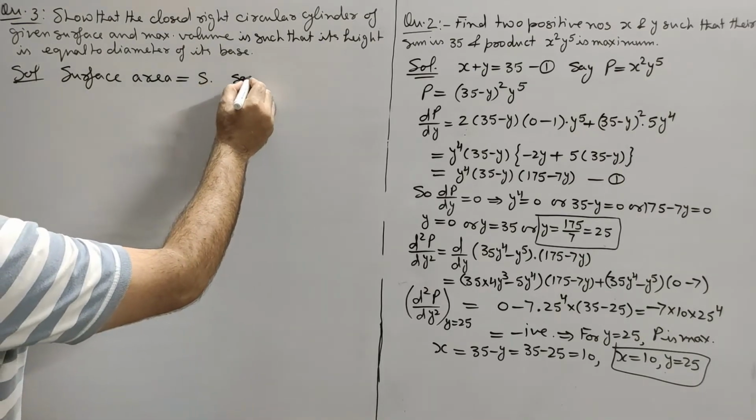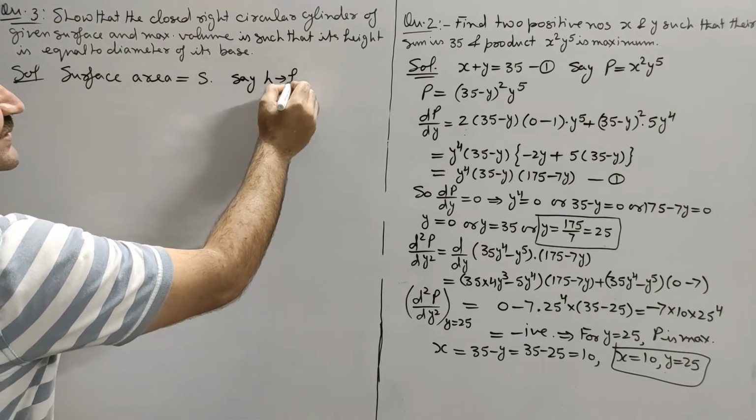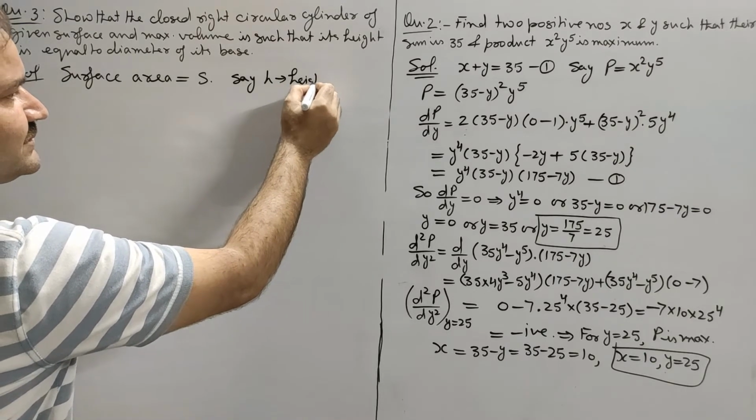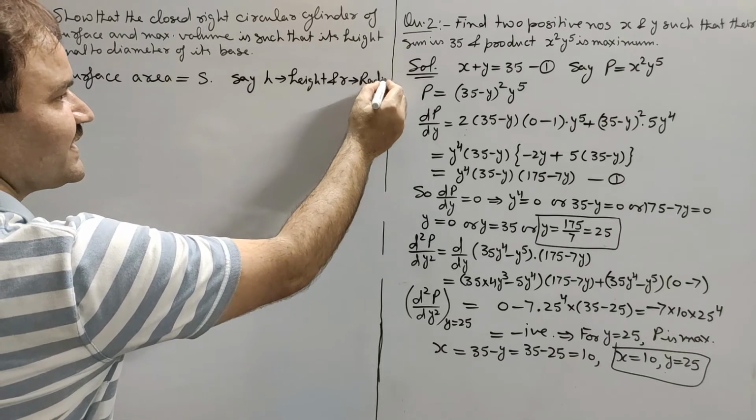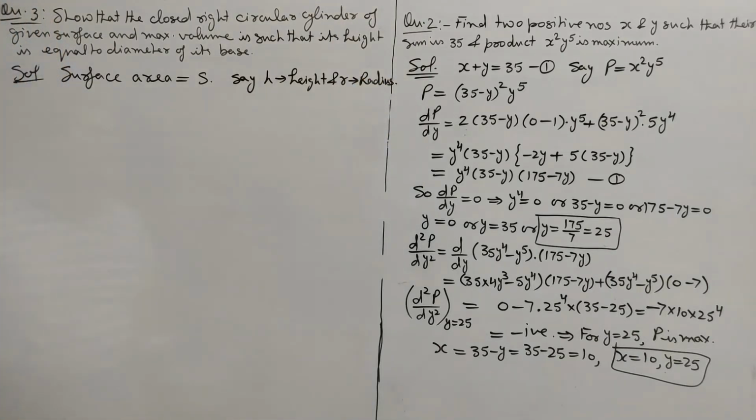Say h is height and r radius of right circular cylinder.